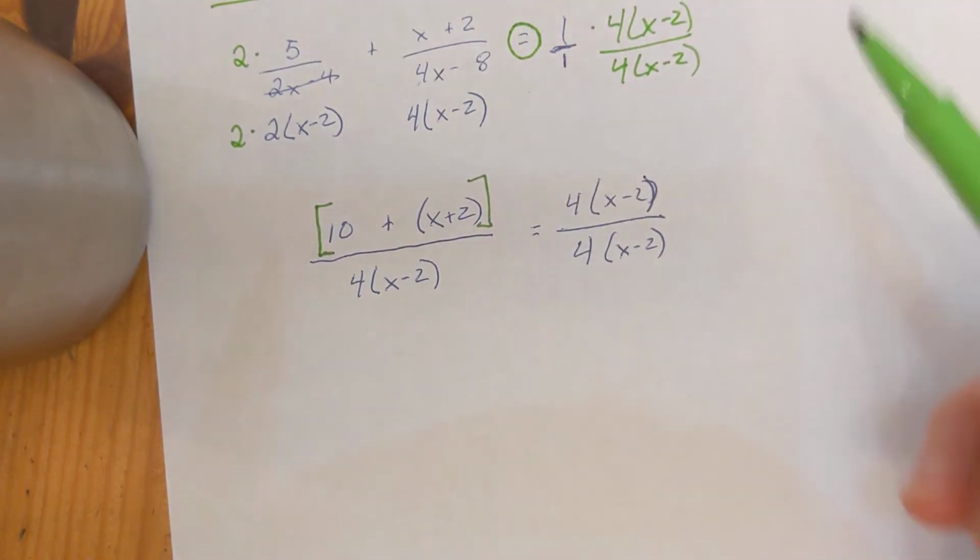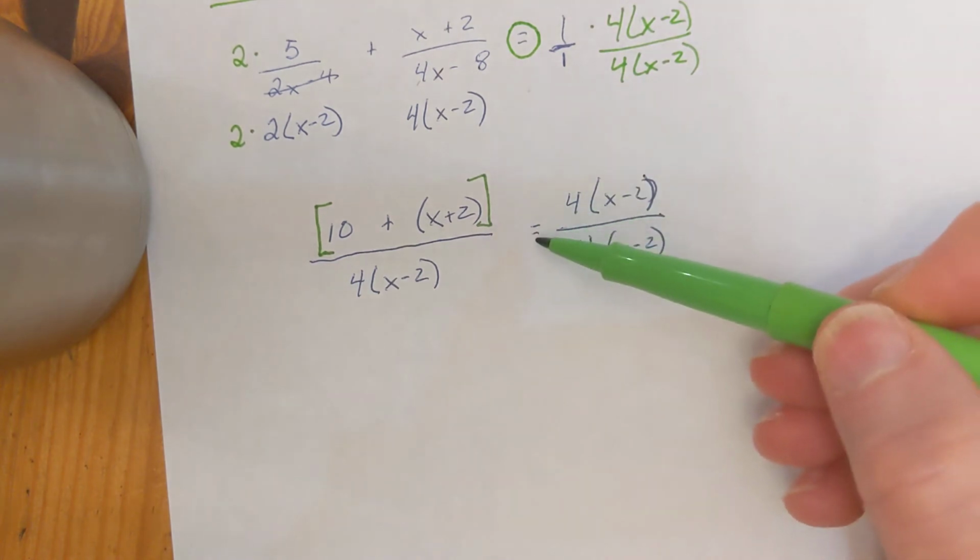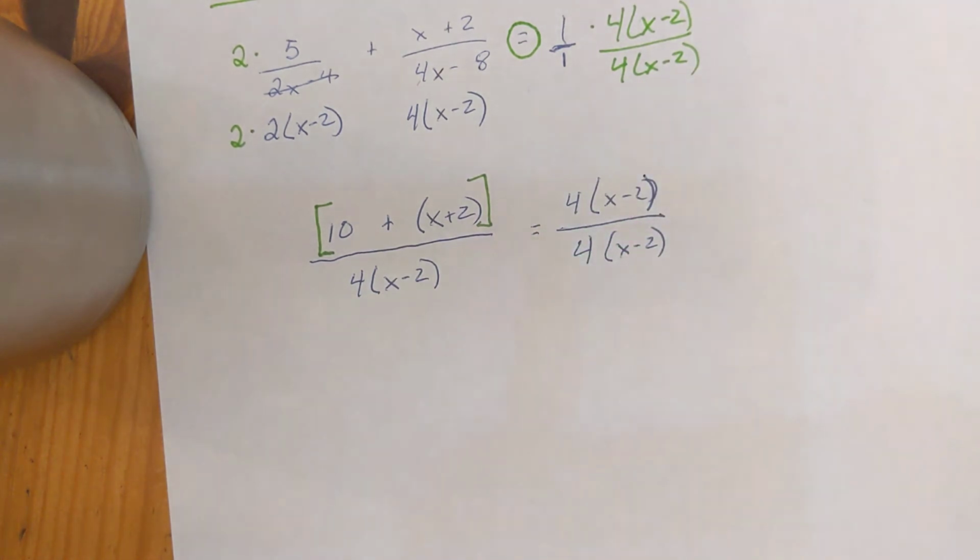I can do that because I have an equation. I cannot do this when I've been combining expressions because I don't have an equation. However, when I have an equation, if I multiply both sides of the equation by the exact same thing, I don't change the equality of the equation. The equation is still balanced.